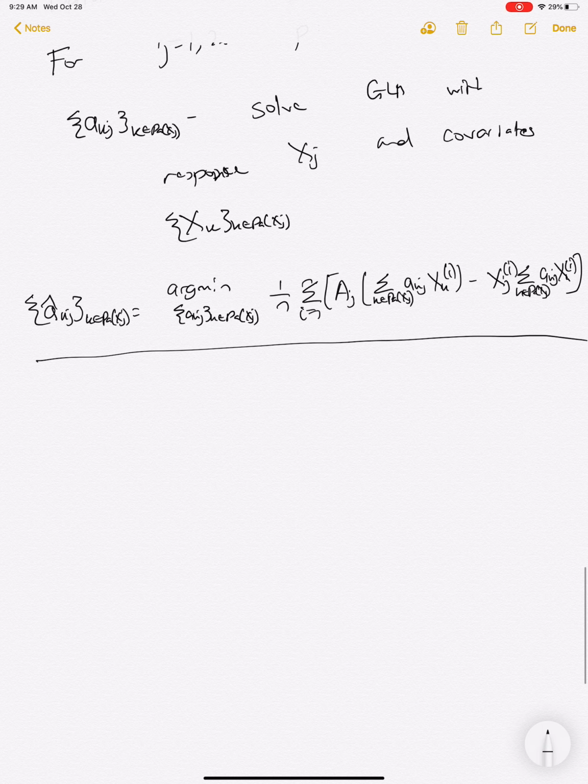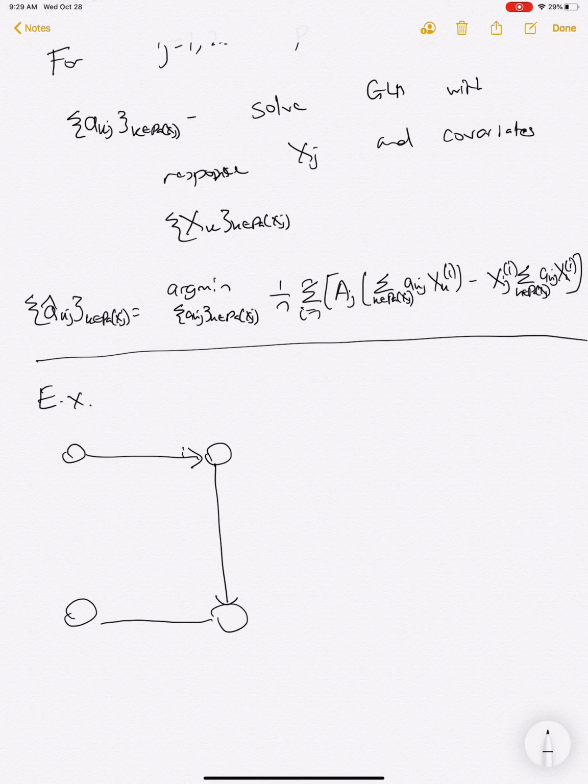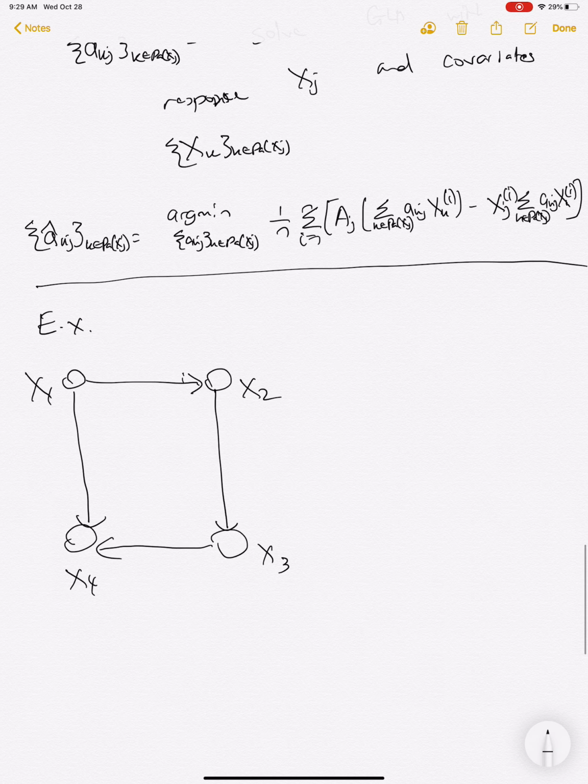So let's just do a concrete example. Okay, so here's a DAG.